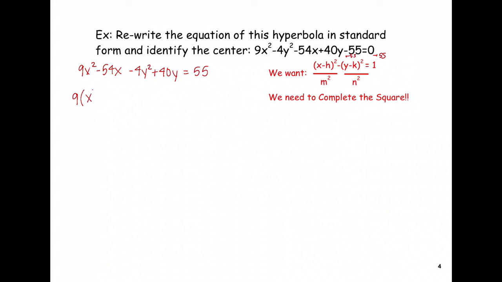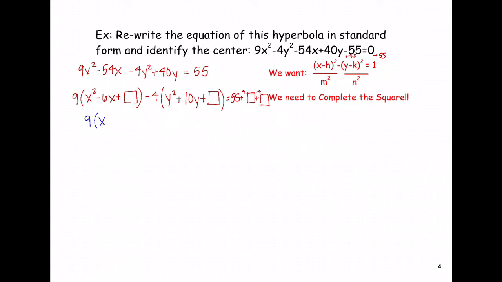So we have x squared minus 6x plus box, minus, factor out a 4, minus 4 times y squared plus 10y plus box equals 55 plus, I make myself a note, 9 times that and negative 4 times our second box.